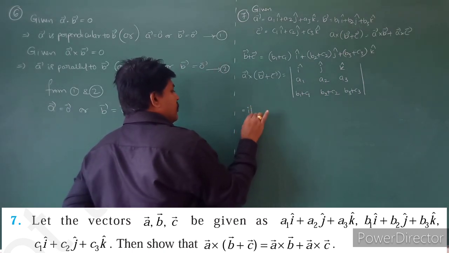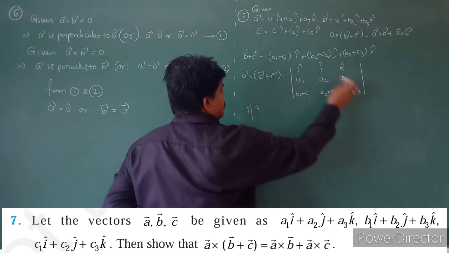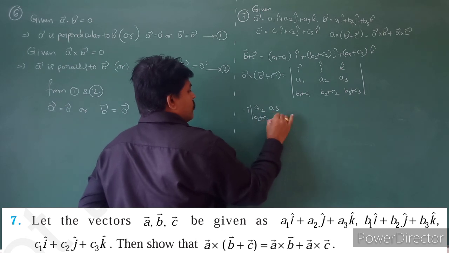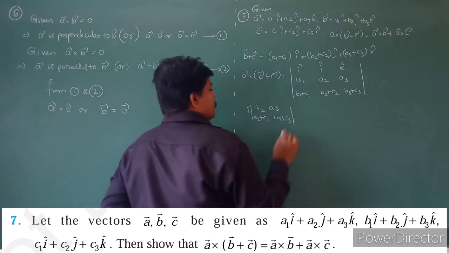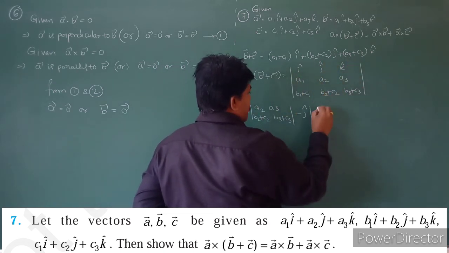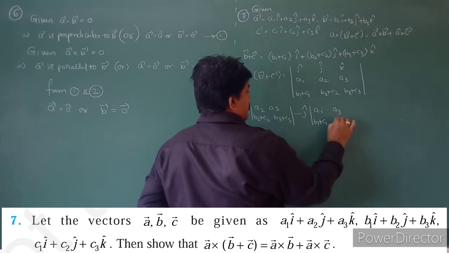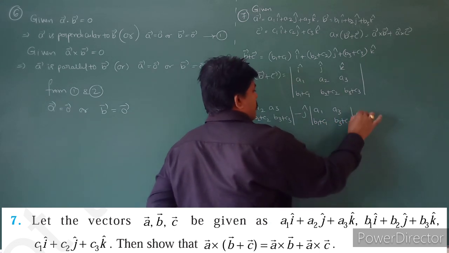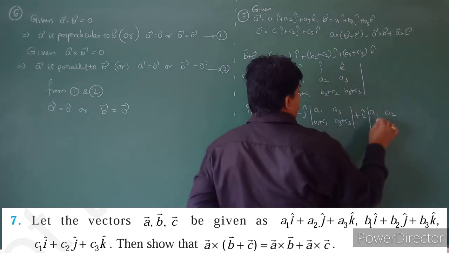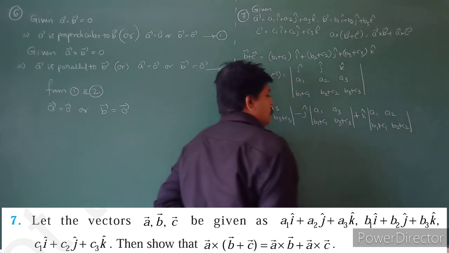That implies I into, removing the row and column, the determinant of A2, A3, B2 plus C2, B3 plus C3, minus J into, removing the row and column, the determinant of A1, A3, B1 plus C1, B3 plus C3, plus K into the determinant of A1, A2, B1 plus C1, B2 plus C2.